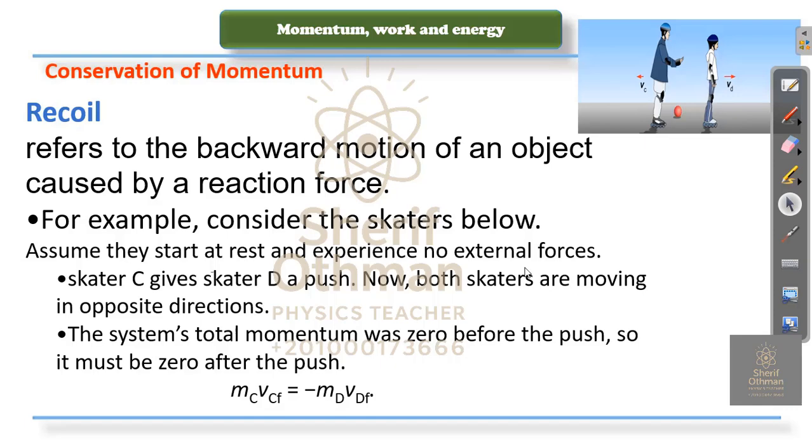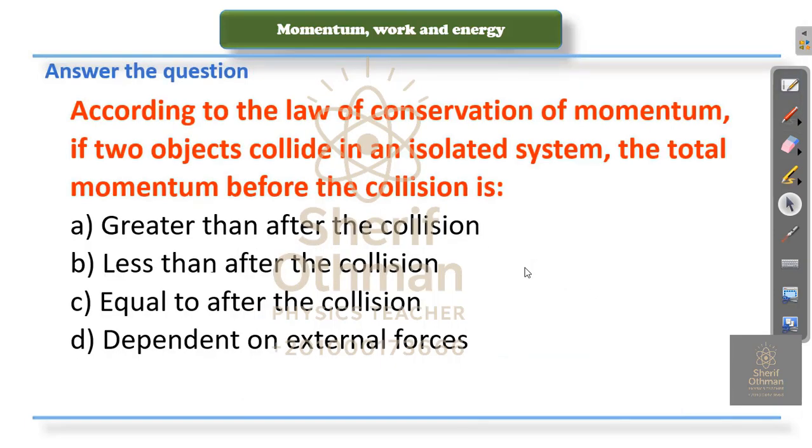In this case of recoil, the total momentum is equal to 0. Skater D moved forward by a certain momentum, and person C moved backward by the same momentum with a negative sign, as it moved in the opposite direction.